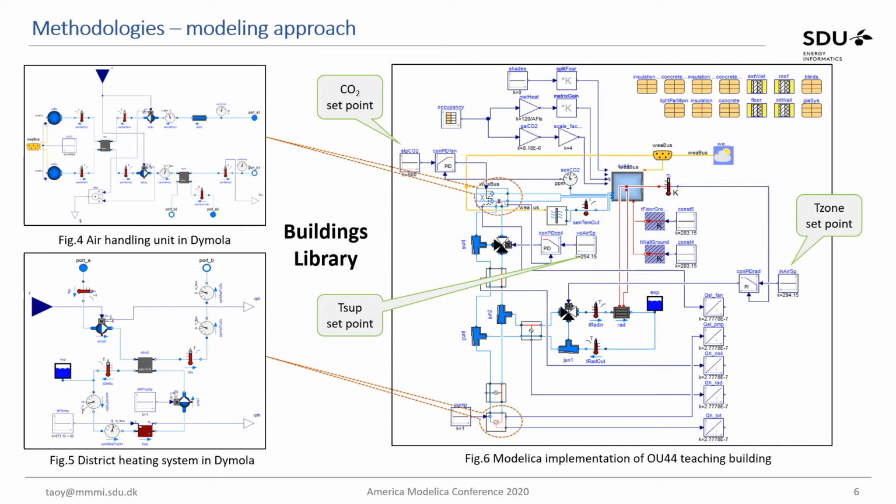Normally this T supply is set to 21, and the last is the indoor room temperature of the room, and this controller will just control the heating supply from the radiator to meet the temperature set point of the room.